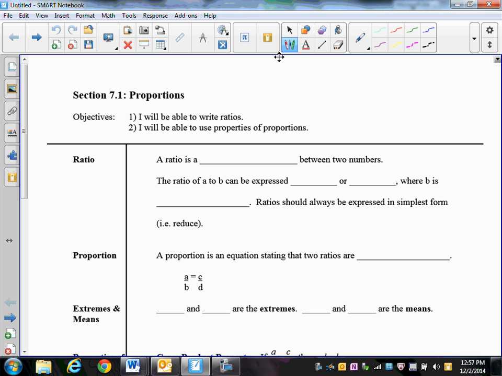So what does this word ratio mean? A ratio is a comparison between two numbers. The ratio of A to B can be expressed A colon B, or as a fraction, A divided by B, where B is not 0.